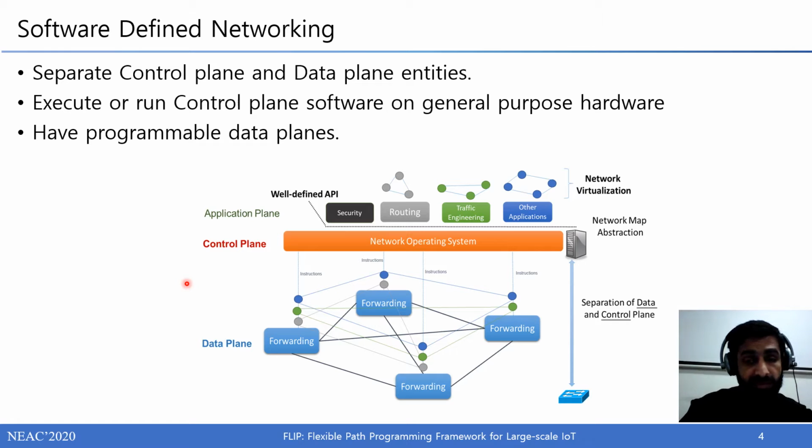For example, we have P4 switches now, which users can program themselves. And on top of the control plane, we have the application plane, on which we have some well-defined APIs to connect the control plane to different network applications, for example, security, routing, traffic engineering, or others.